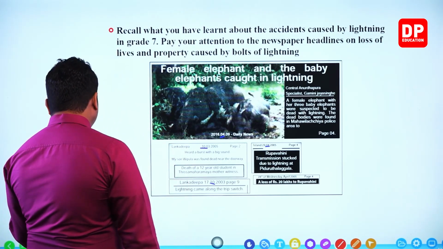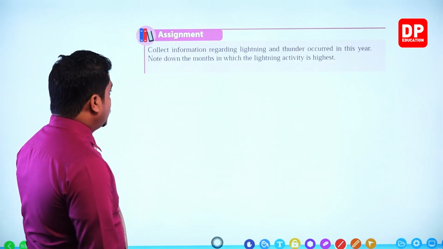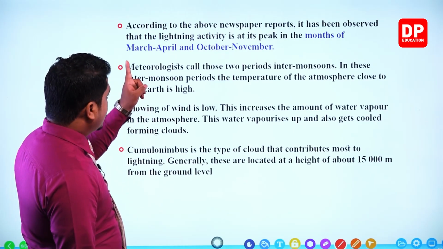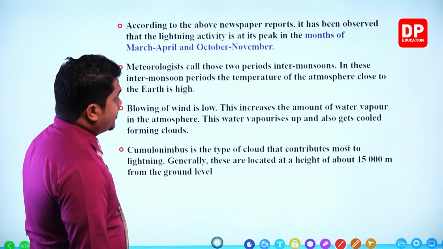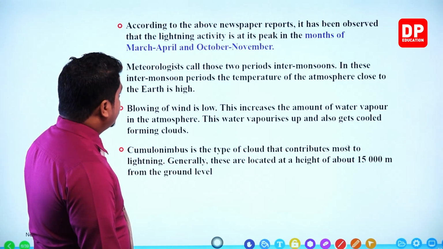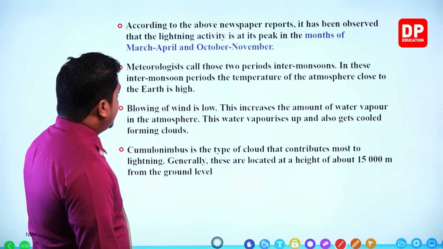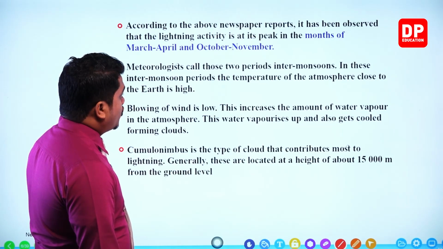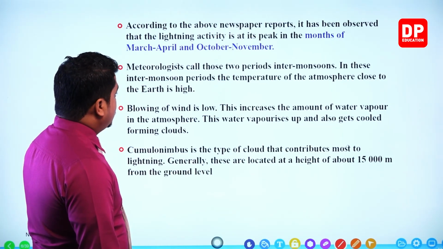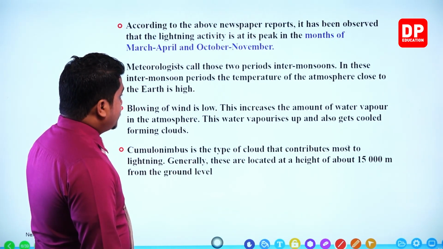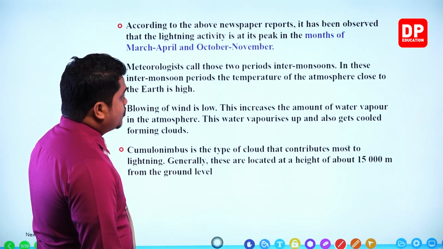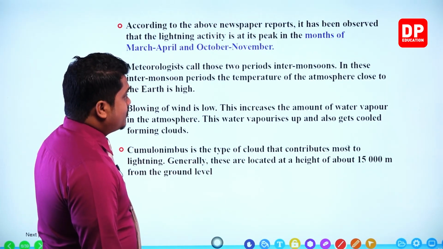So as you can see here, according to the above newspaper reports, it has been observed that the lightning activity is at its peak in the months of March, April and October, November. Meteorologists call those two periods intermonsoons.